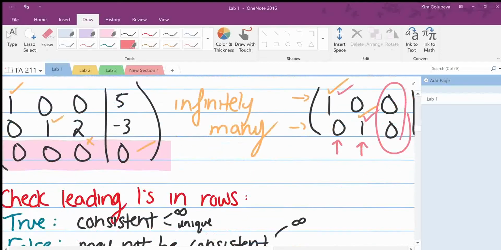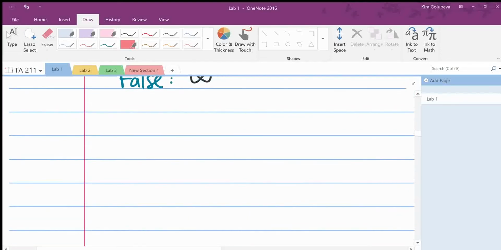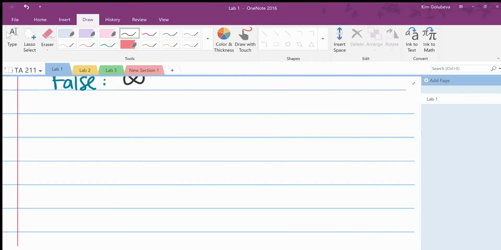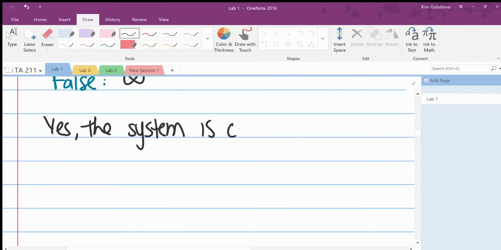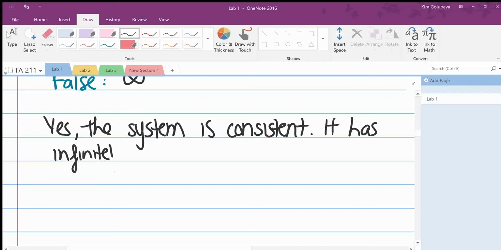Okay, so if you had this on an exam, you would write something like, yes, the system is consistent. It has infinitely many solutions.